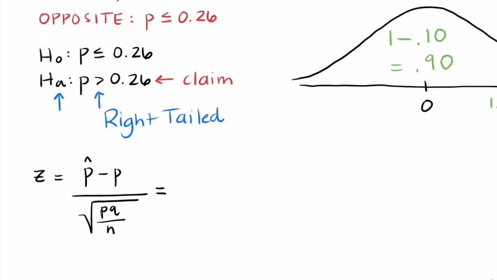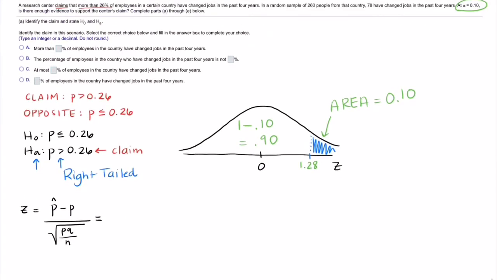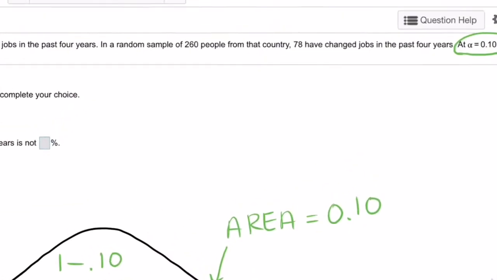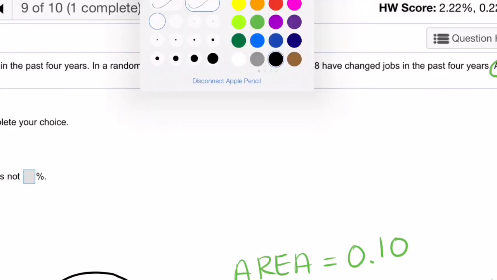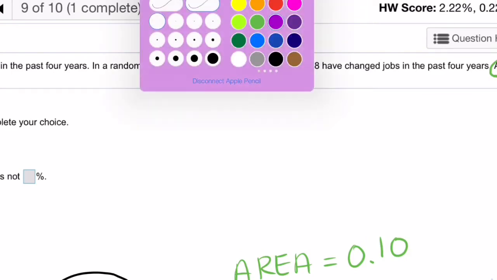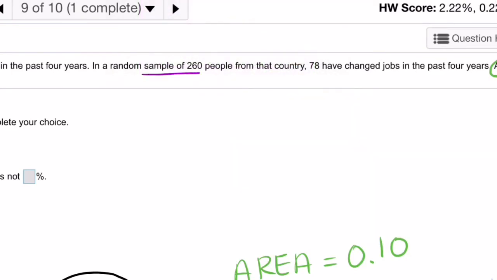All right, so I'm going to need some information from the sample. I'm going to come back up here and look at what happened in my sample. We're told right here in a random sample of 260 people, so there's our sample size, 78 of them have changed jobs. Now notice that's not a percentage, right? That's a number of people.